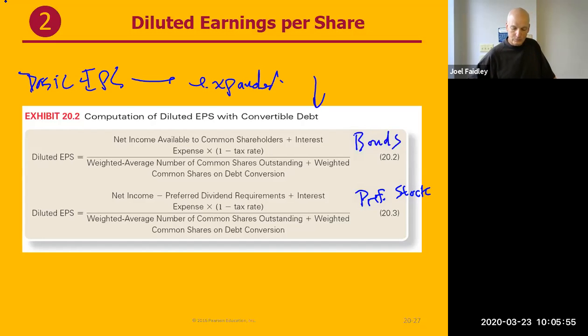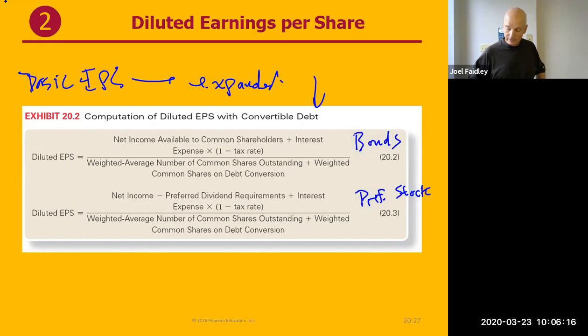You're using the same formula, the same format, same structure. So net income, it says available to common shareholders, but net income is what it is. You're going to add back the interest expense at 1 minus the tax rate, divided by a weighted average number of shares, which we just looked at.